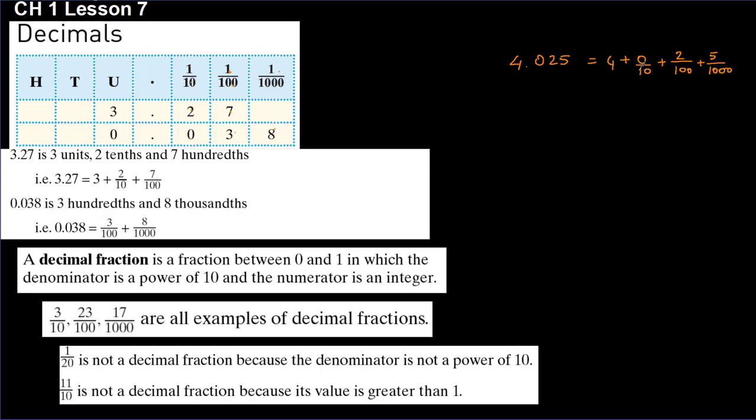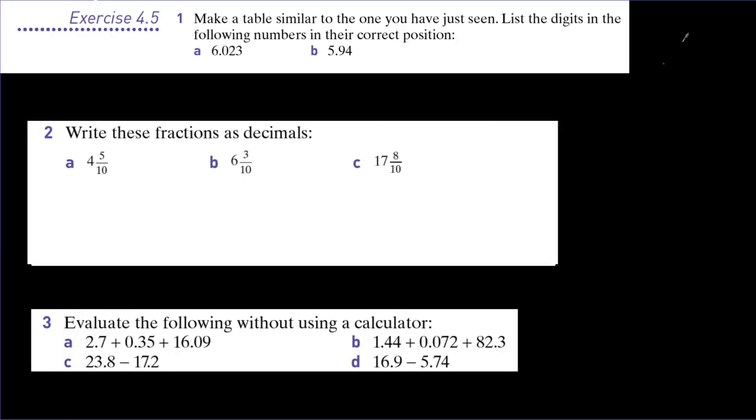And 0 over 10 is equal to 0. If I ask this kind of question, you shouldn't write this out; I only explain the logic. So 4 plus 2 over 100 and 5 over 1000 is the correct answer.